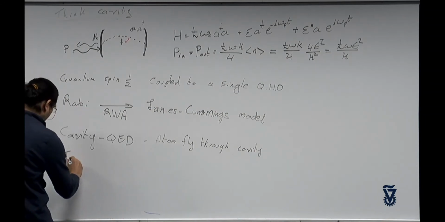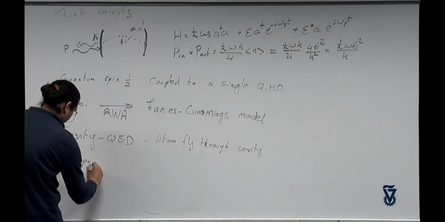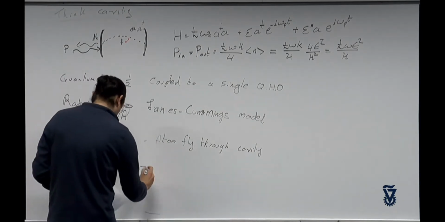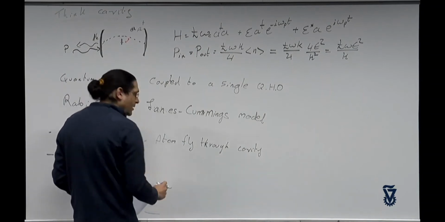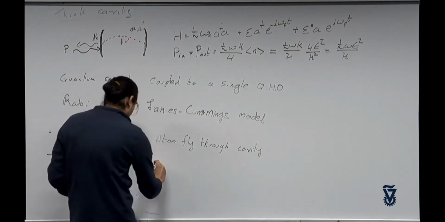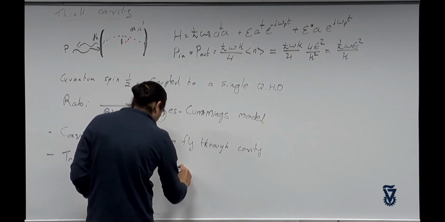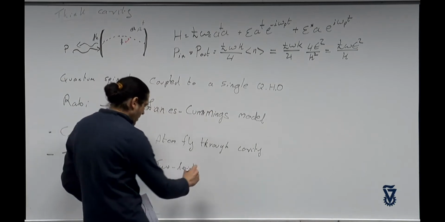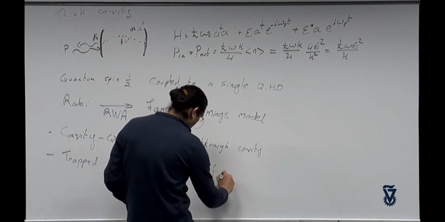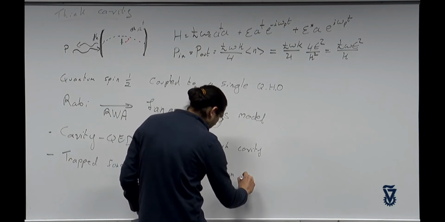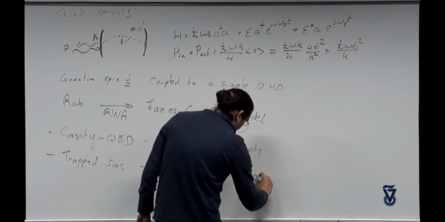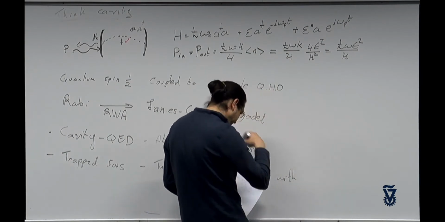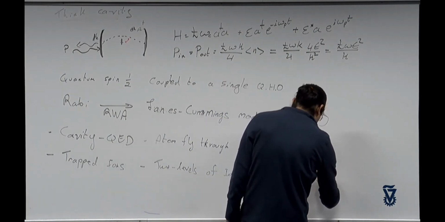The second field is trapped ions. In trapped ions, you have these ions and two levels of the ion interact with the motional degrees of freedom.